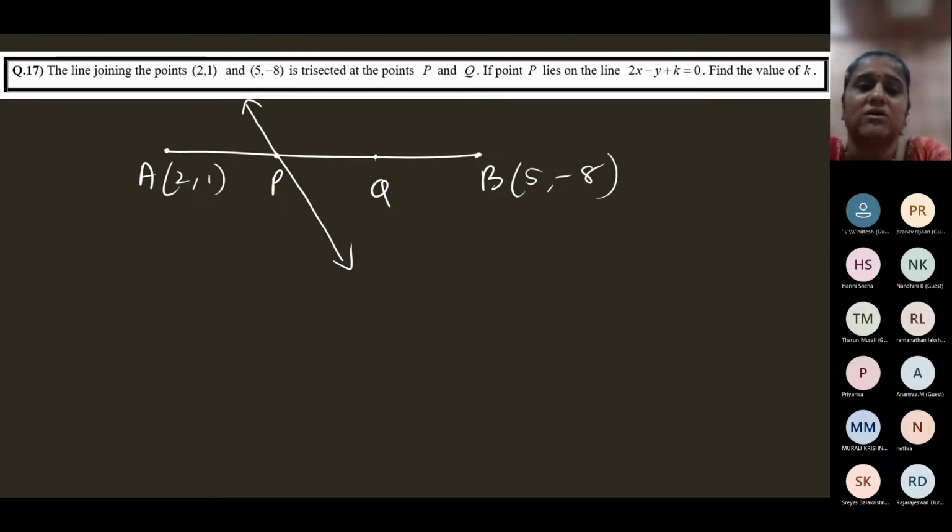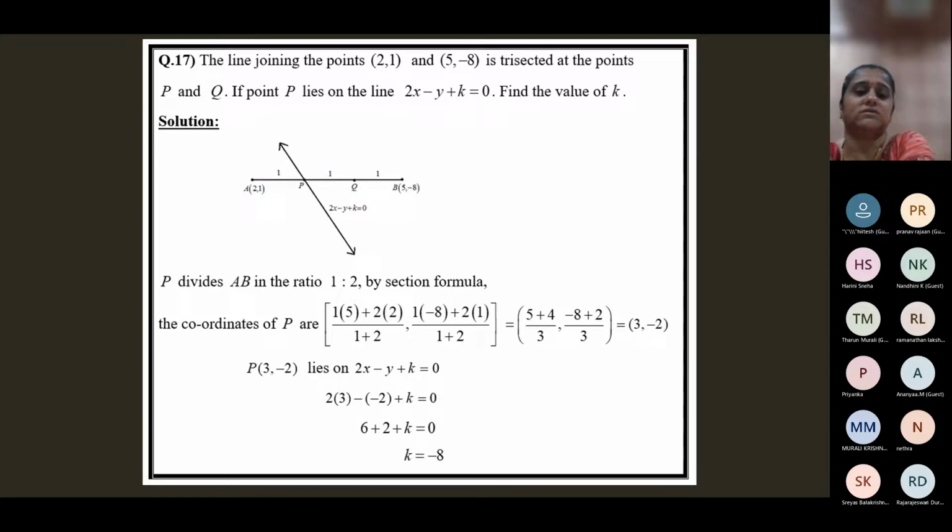Substitute that in 2x minus y plus k is equal to 0 because P lies on that line also. The coordinates of P will satisfy that equation. So when you do that, you will be able to find the value of k. See here. Yeah, please take down, children.